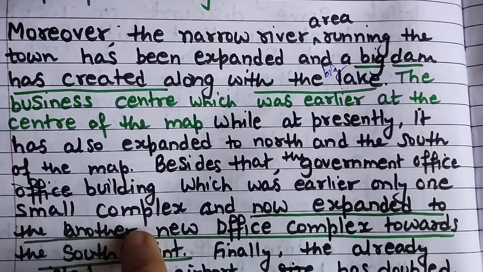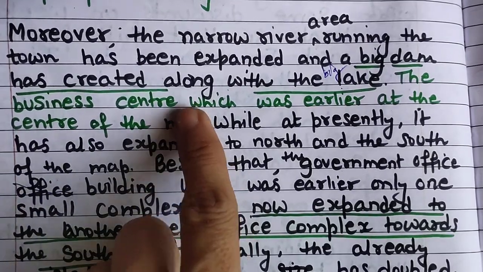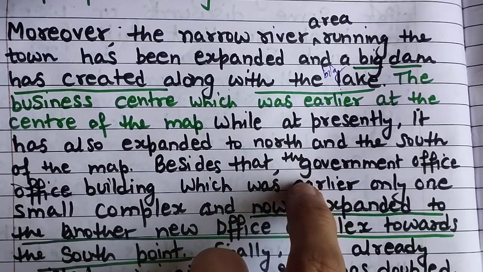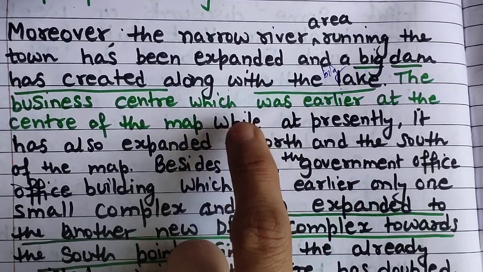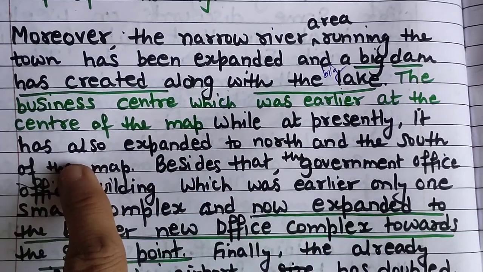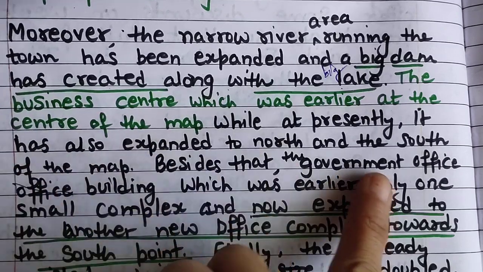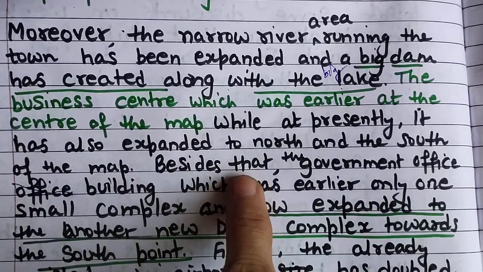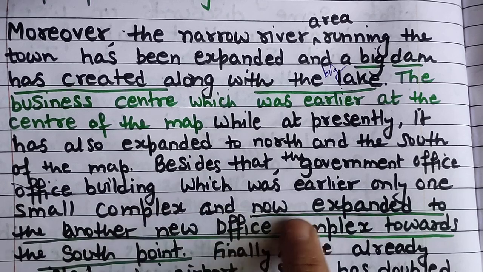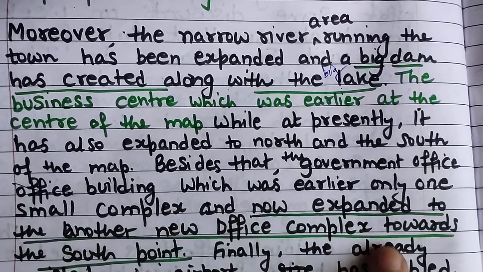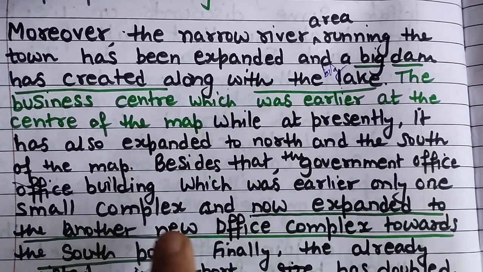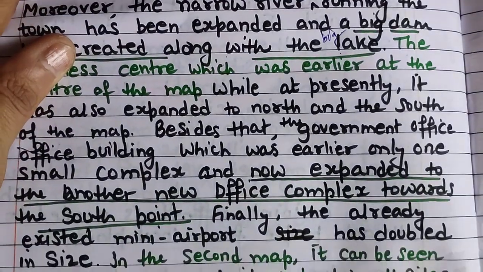In this second method, black is present, while at present it has also expanded to the north and south of the map. Besides that, the government building has now expanded to another new office complex towards the south point.